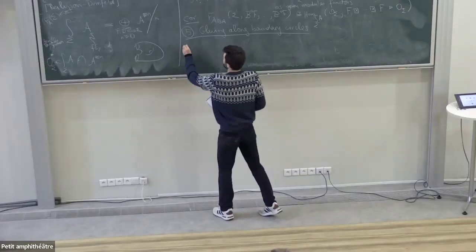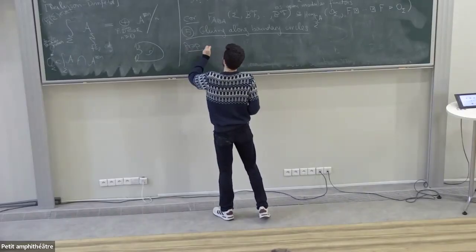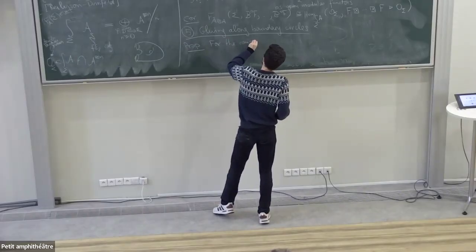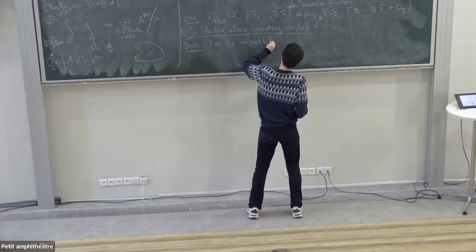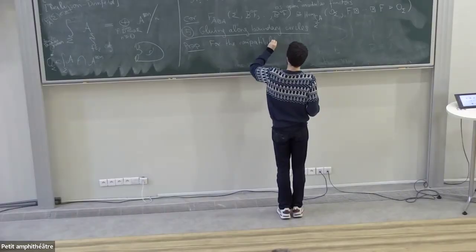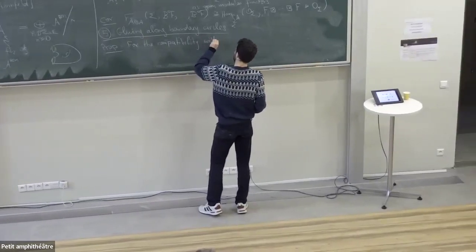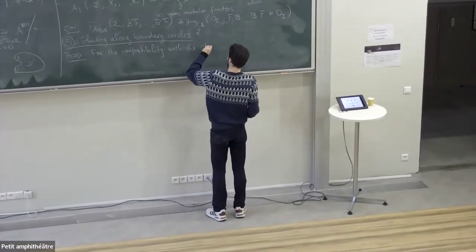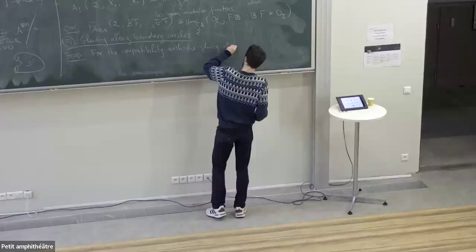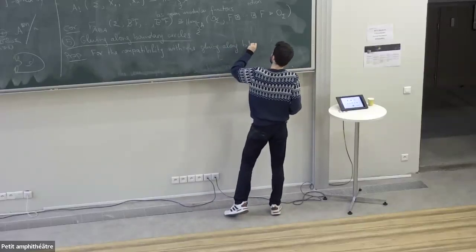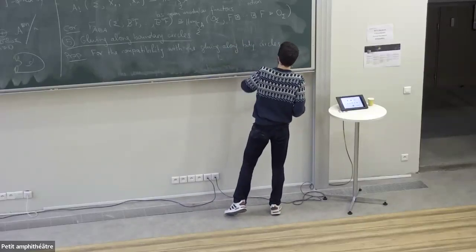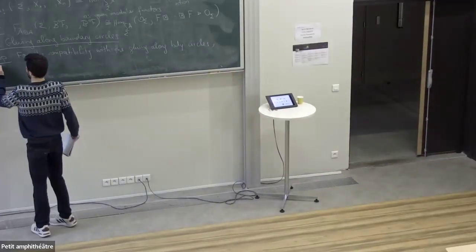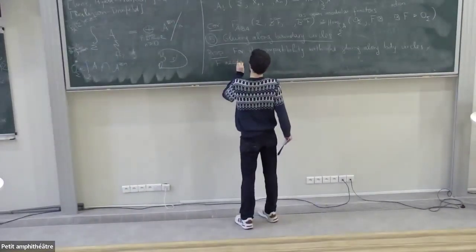So the main information is that for compatibility with the gluing along boundary circles, F needs to be special.